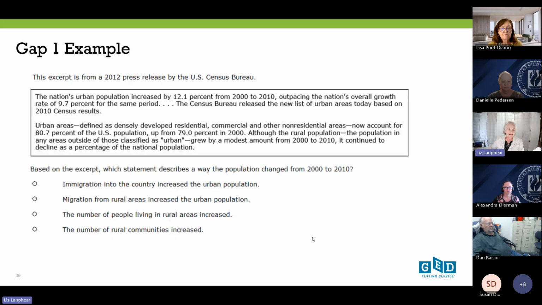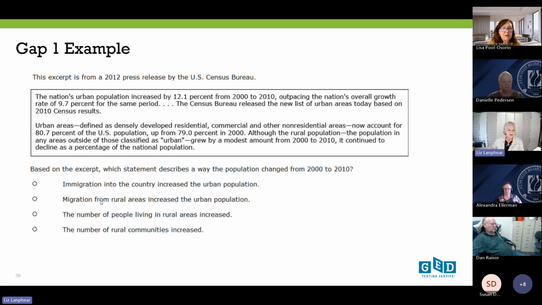So this is getting at precise details of the source. The question says, based on the excerpt, which statement describes a way population changed from 2000 to 2010? The first one does not mention immigration. The text does not mention immigration.